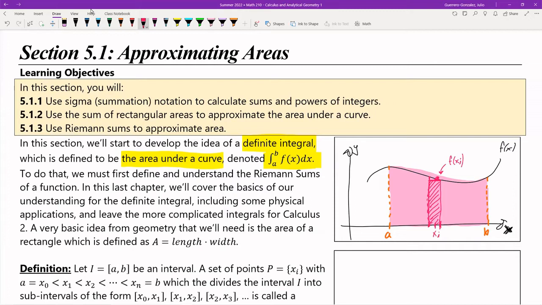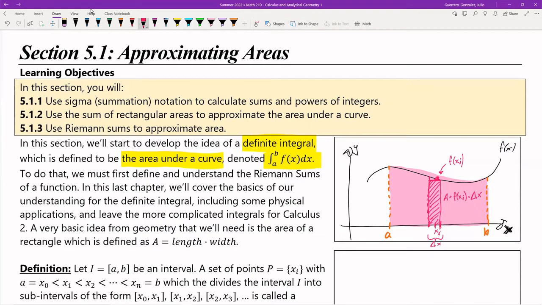And the idea, right, is that the area of this is f of xi times, there's a width here, a delta x, right? The area of this little box is given by that.